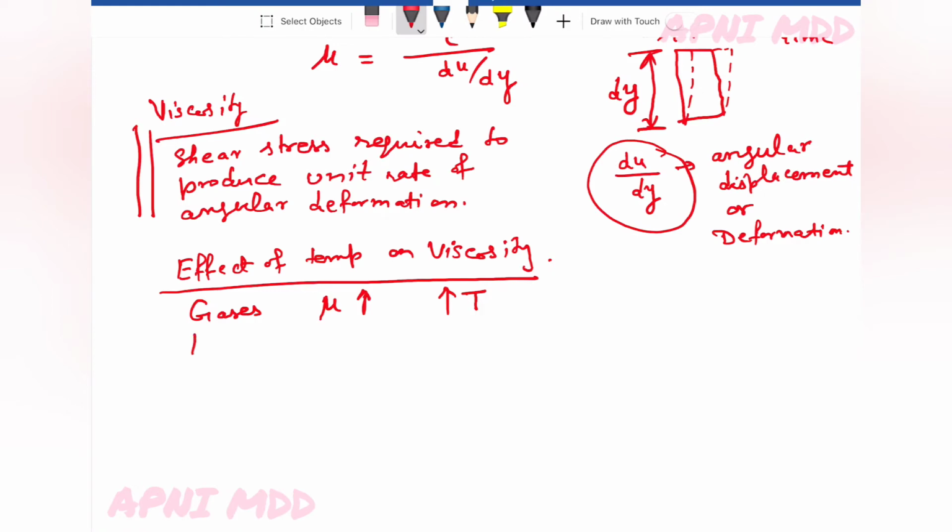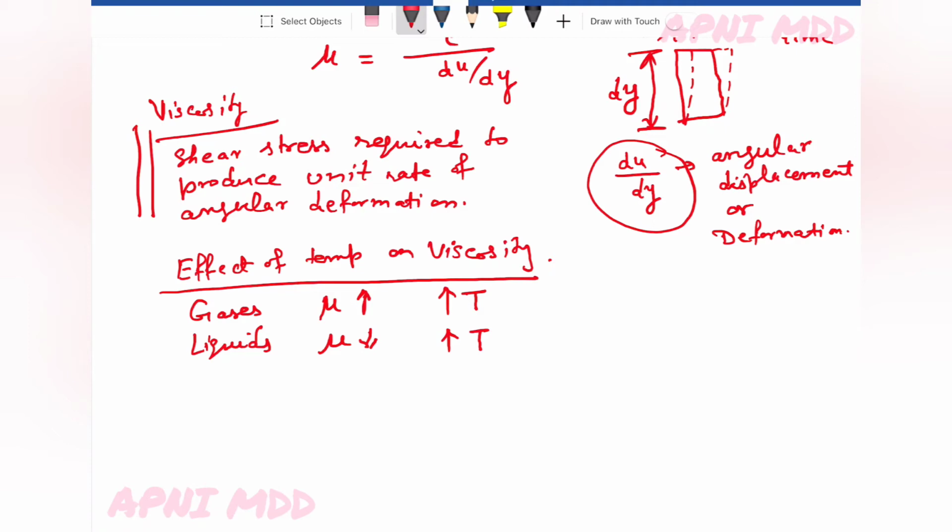For liquids, viscosity decreases with increase in temperature. So why does this happen?